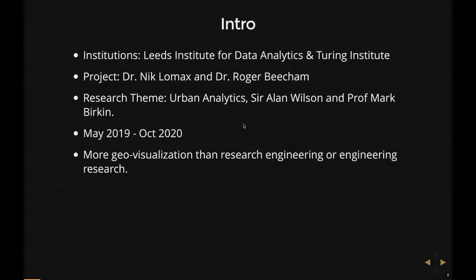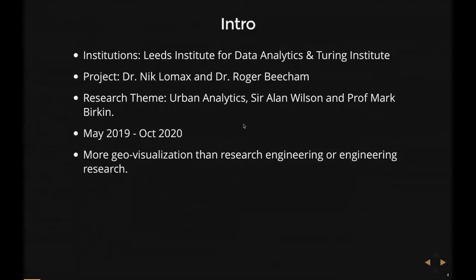Current project is with Dr. Nick Lomax and Roger Beecham, who are both at Geography, but associated with LIDA, or Leeds Institute for Data Analytics, and also I think at least Nick is a Turing Fellow.